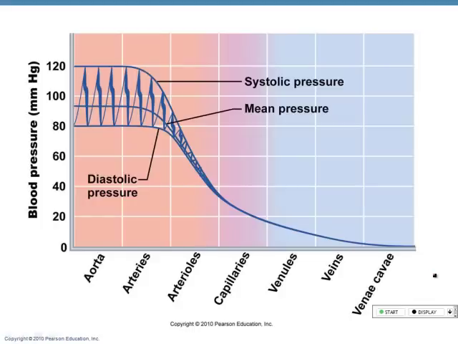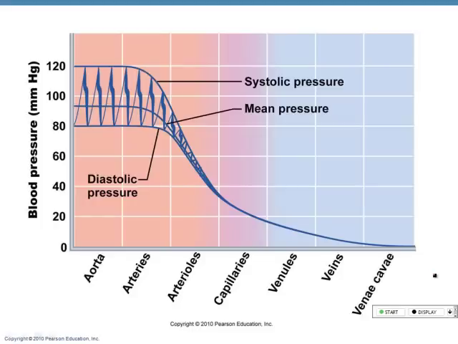And then I'm going to close it off altogether. So now I don't hear anything. And when I slowly release the pressure, the minute I hear bang, bang, bang, that's going to represent about the highest pressure in the system, systolic pressure. And I'm going to keep releasing the pressure until you can't hear anything anymore.